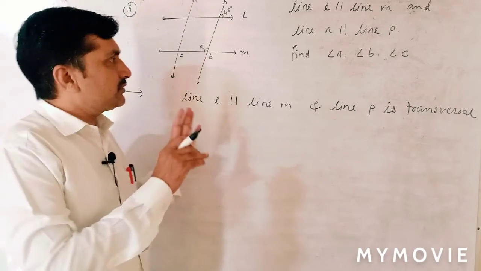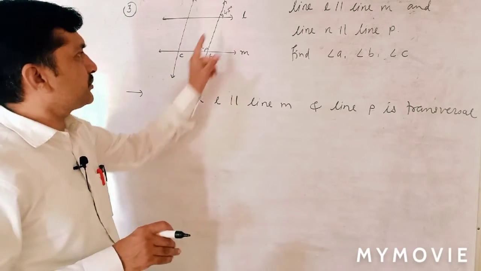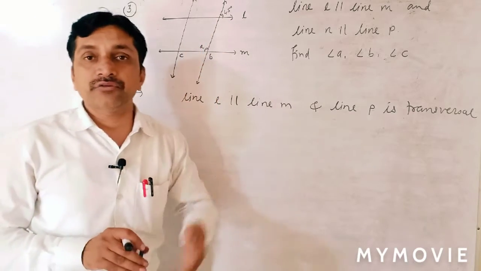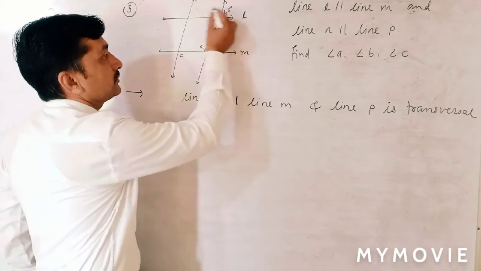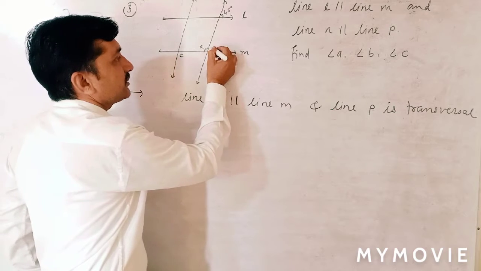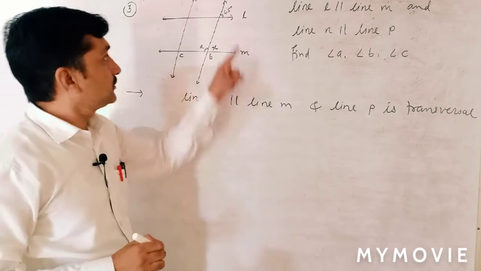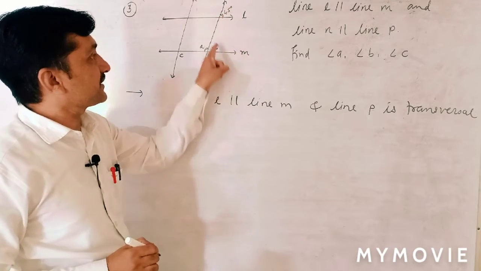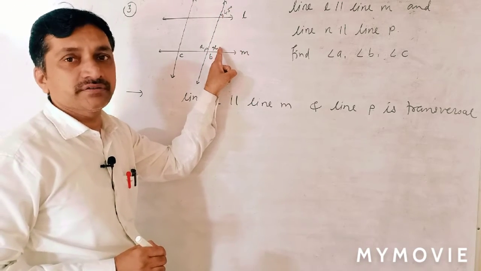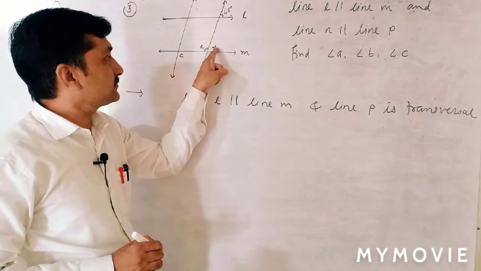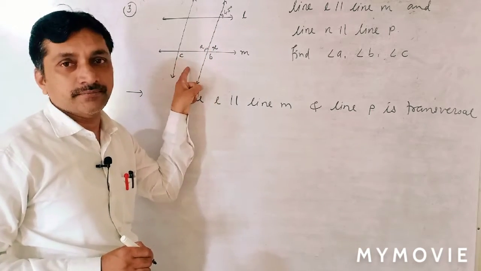But when we see, we don't get any relation between A, B, C and 45. For that we have to consider one angle, x. Anywhere you can take it, we take x here, which is congruent to 45. 45 and x are corresponding angles, they are congruent. And by taking x, we can write the relation here.